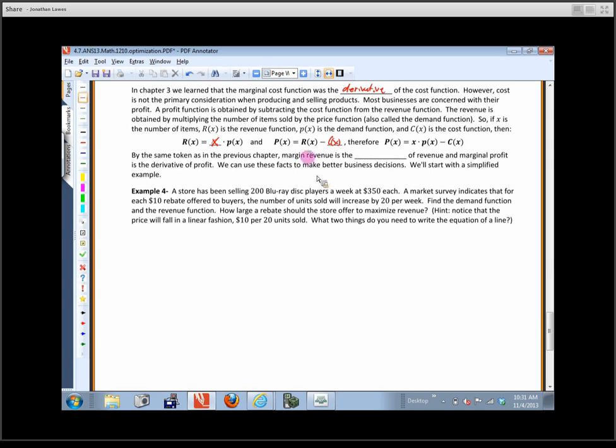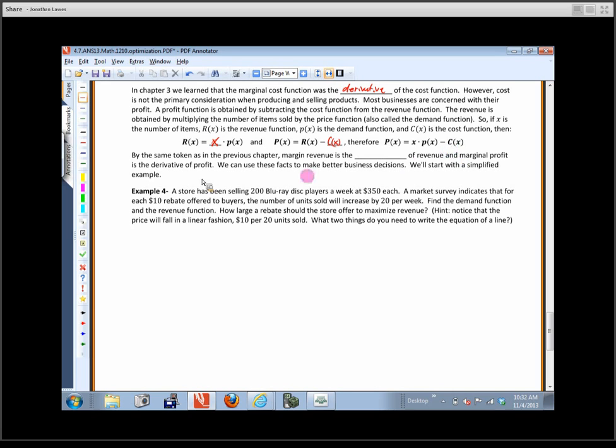Take how much you brought in, subtract how much it cost you to produce those items, and that'll tell you the profit. So if we make a little substitution, the profit is the revenue, which is X times the price, minus whatever the cost of those X items was.